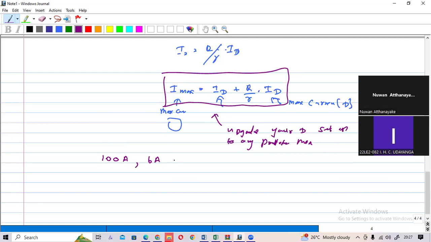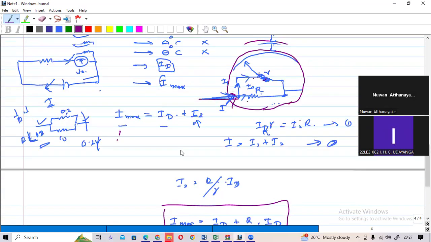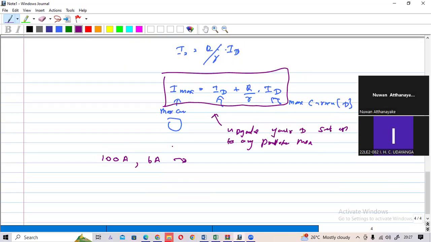And the internal resistance should also be given. Let's say that the internal resistance is 2 ohm or something. Then how can we upgrade to measure 100 ampere? Very easily. Imax is 100 ampere and ID is 6 ampere plus the R term.